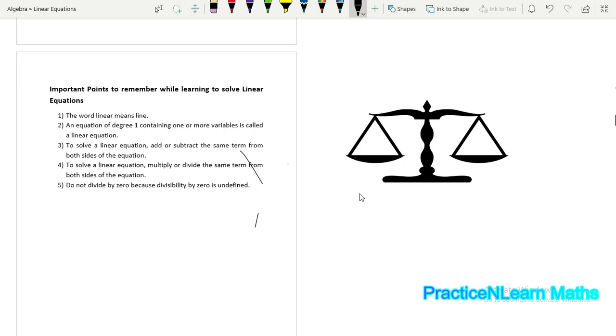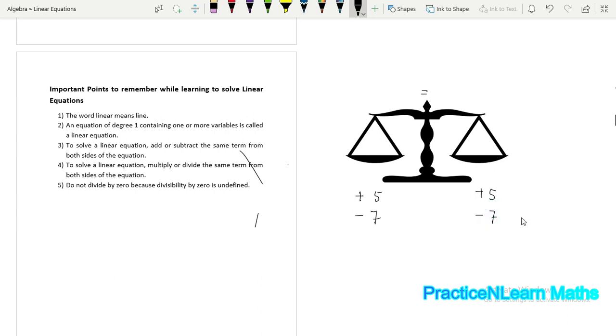The way I said, it's a balancing act. So if I do plus 5 on this side, I should also do plus 5 on this side. The equal sign lies over here. If I subtract 7 from one side, I need to subtract 7 from the other side too.